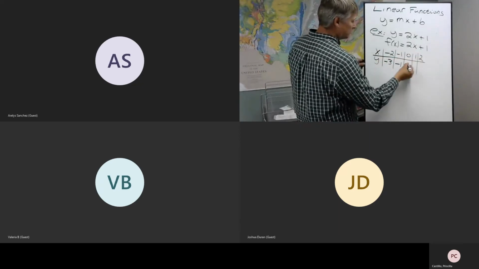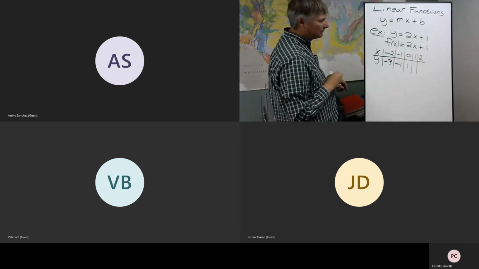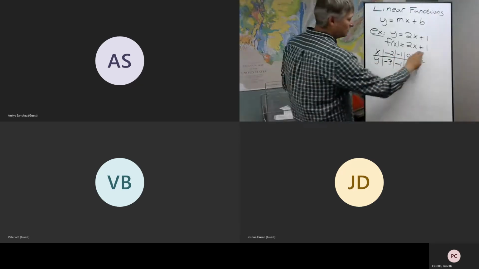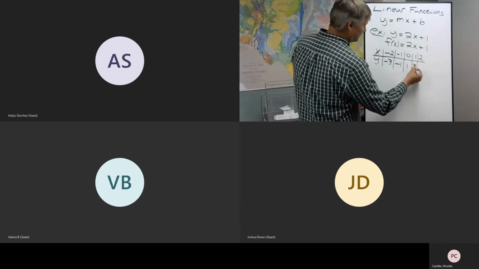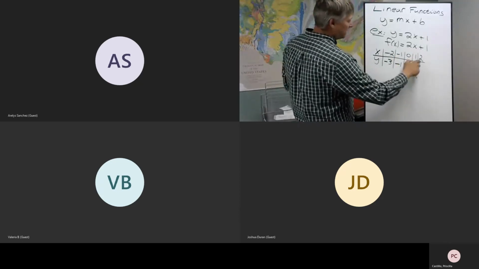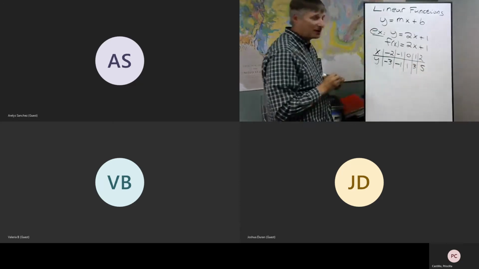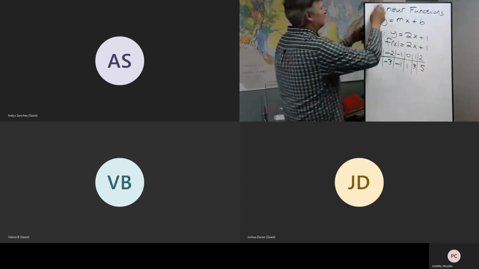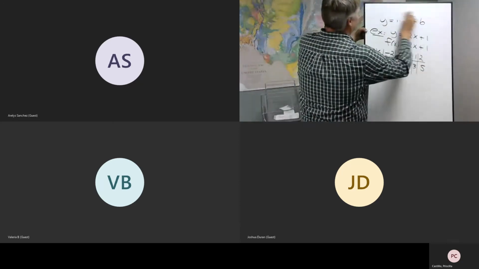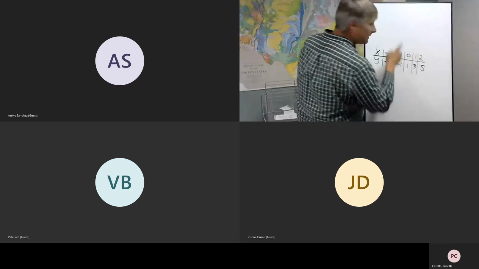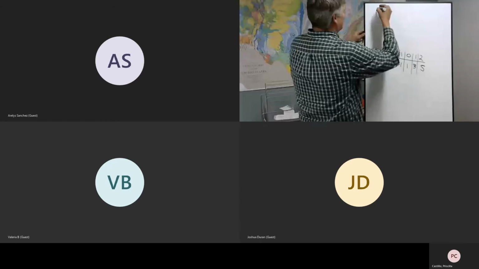Plus 1 is 1. 2 times 1 is 2. Plus 1 is 3. And then 2 times 2 is 4. Plus 1 is 5. So I'm just going to rewrite this so it's higher up.